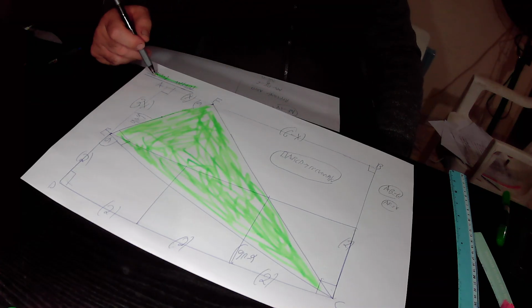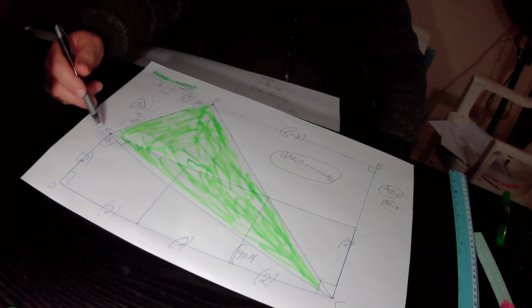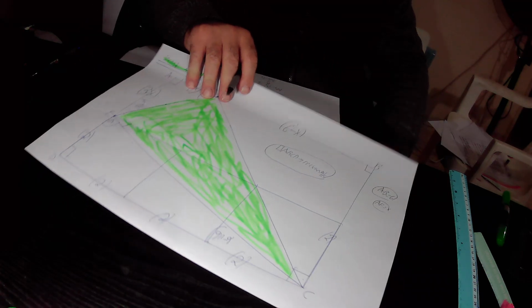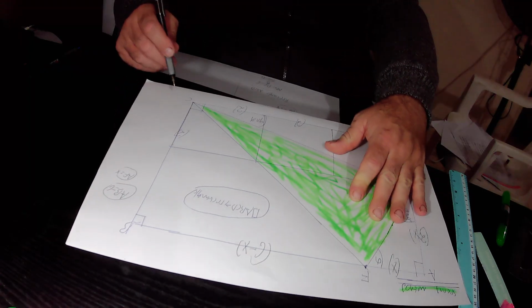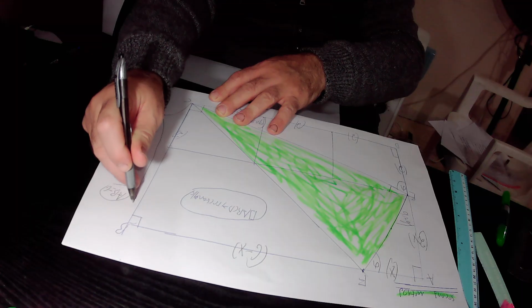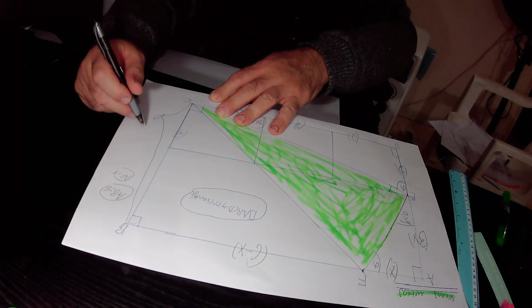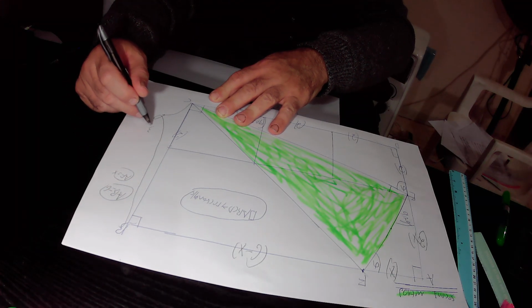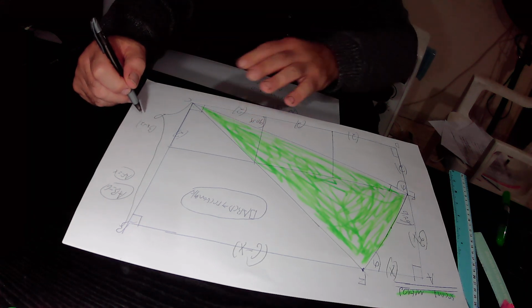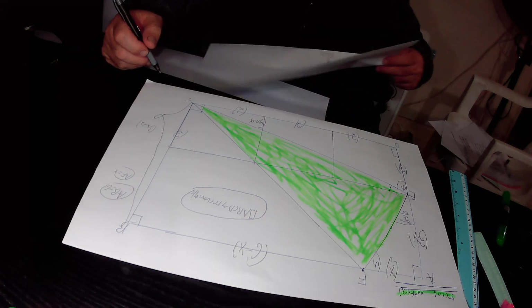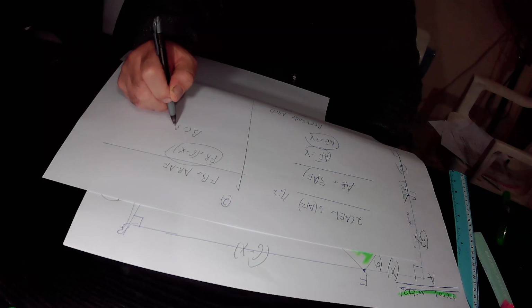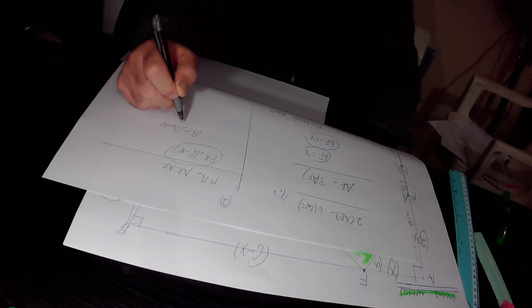But AD in total equals 3x plus 2, therefore the opposite side BC must also equal 3x plus 2 units in its length.